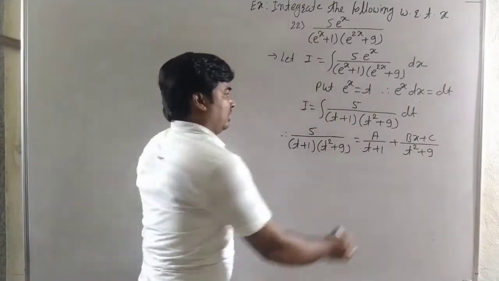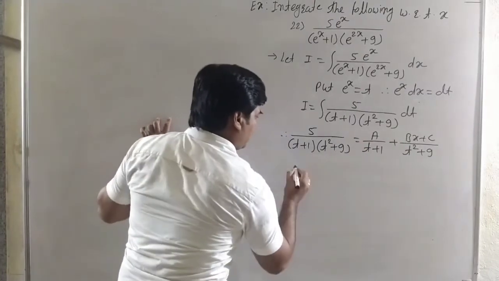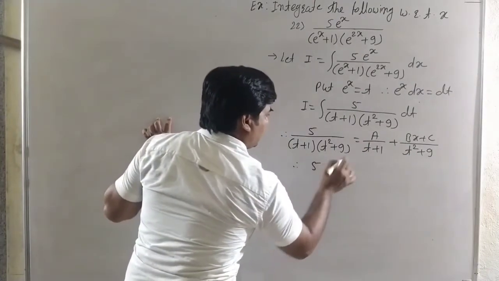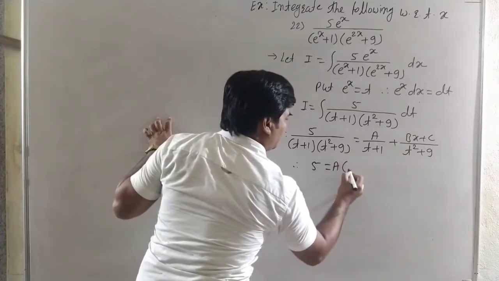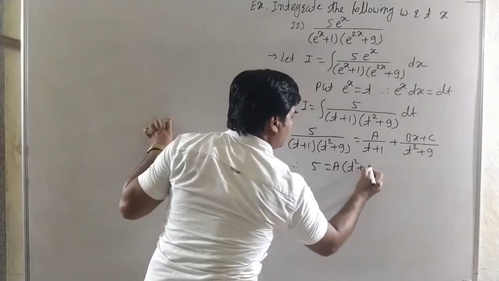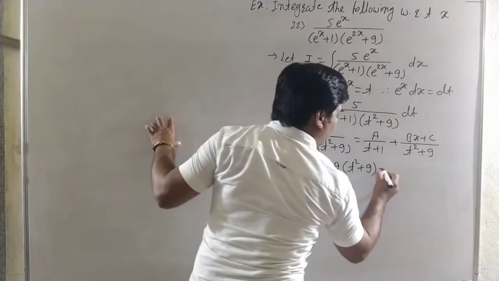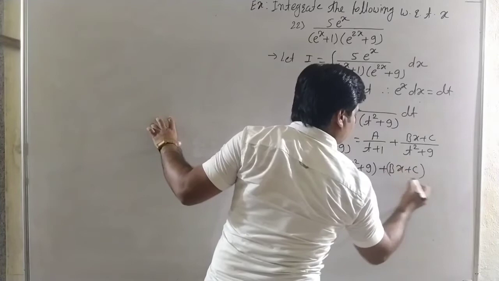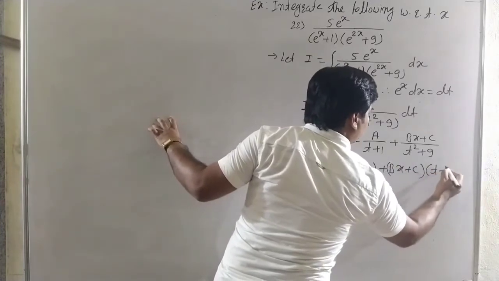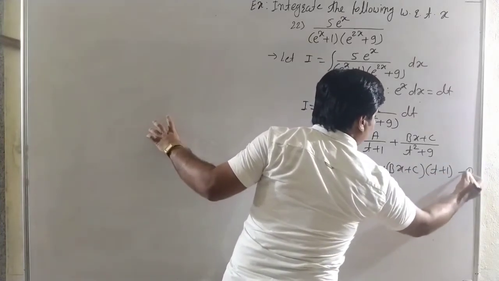And now we can solve it. Take the cross multiplication and the denominator will get cancelled. Compare the numerator: 5 is equal to A into (t squared + 9) plus (Bt + C) into (t + 1). It is equation number 1.